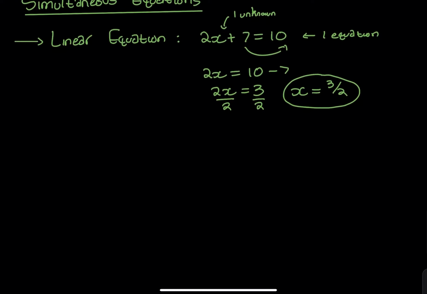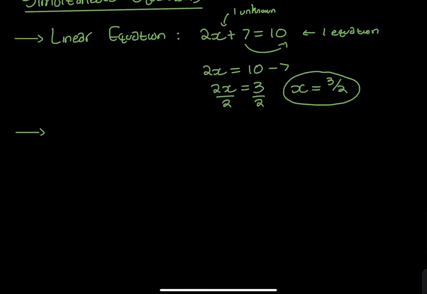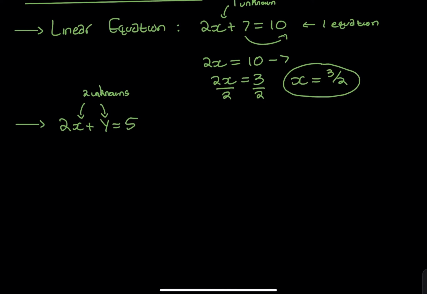Now let's look at an equation, for example, 2x plus y is equal to 5. In this case, we have two unknowns. How would you solve for this? If you were to make x the subject of the formula, you'll be left with y on one side.